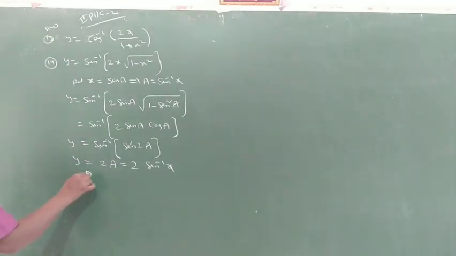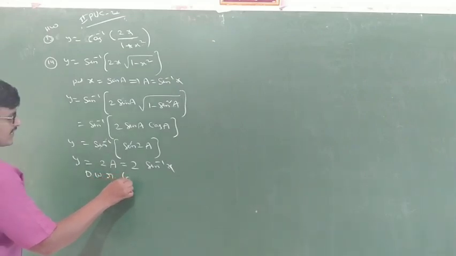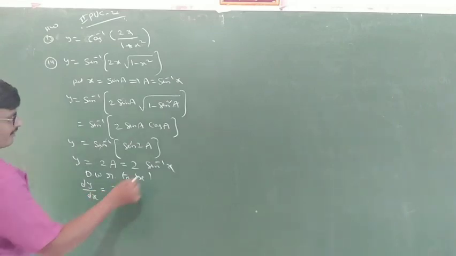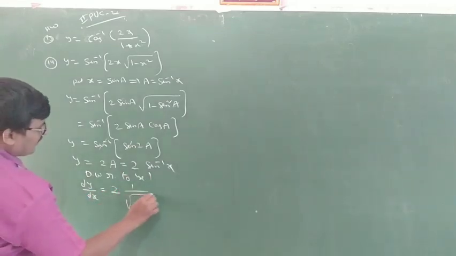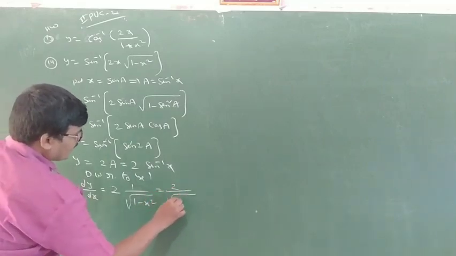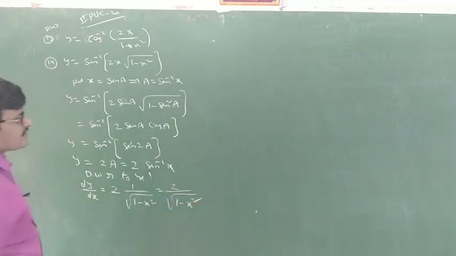So now derivative with respect to x. dy by dx is equal to 2 into the derivative of sin inverse x, which is 1 by root of 1 minus x square, so finally 2 by root of 1 minus x square. We have to think.